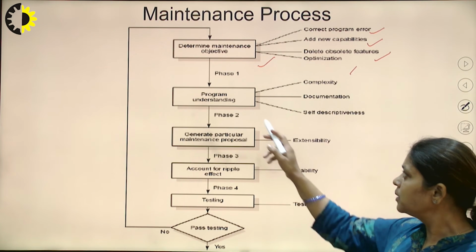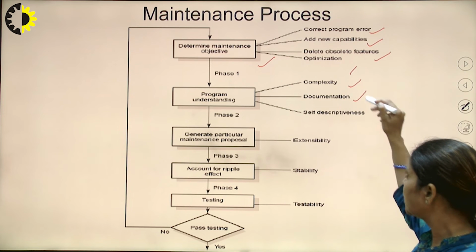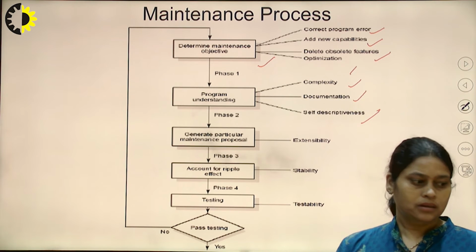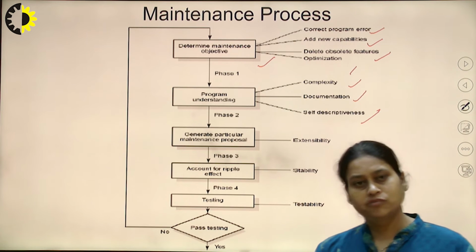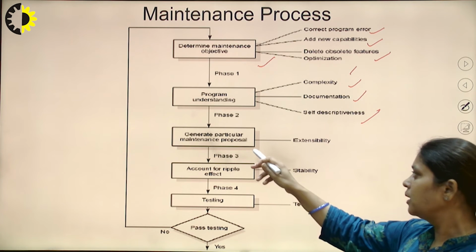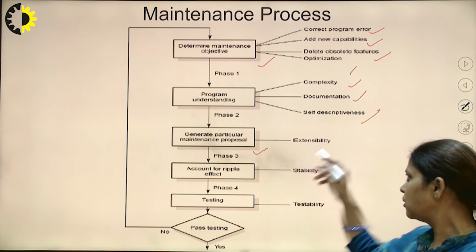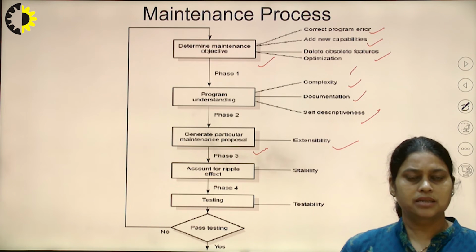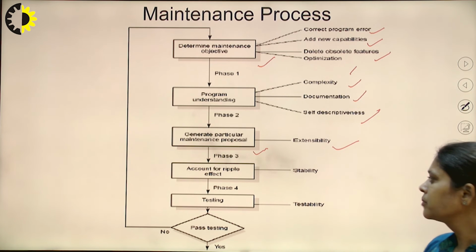So in phase 1, we have to understand the program, its complexity, the documentation of the program, and the descriptiveness of the program, so we know where we have to modify and where changes are wanted. Then we generate a maintenance proposal, which is a part of extensibility. Extensibility means we want to extend something more in the existing system.